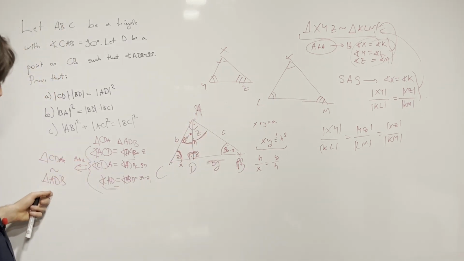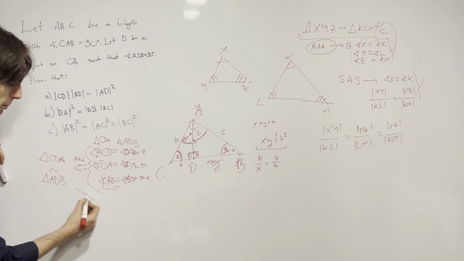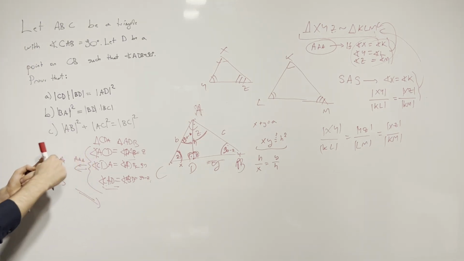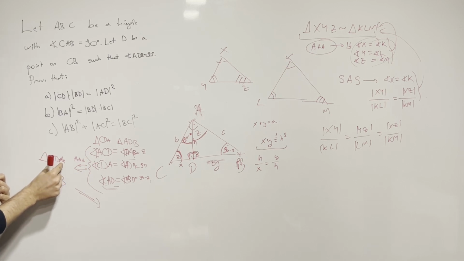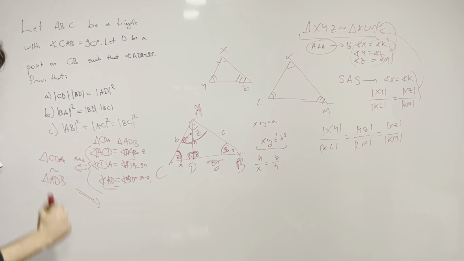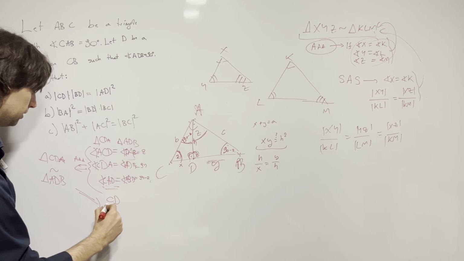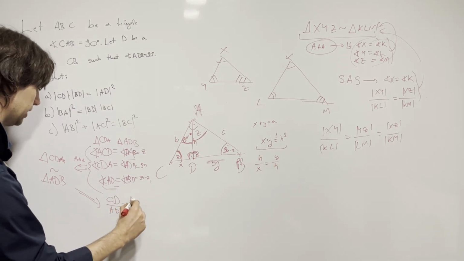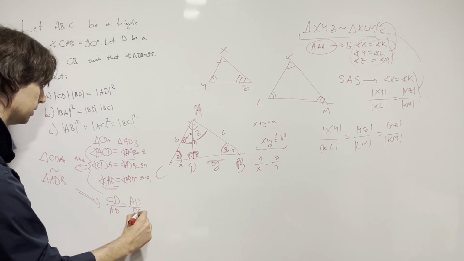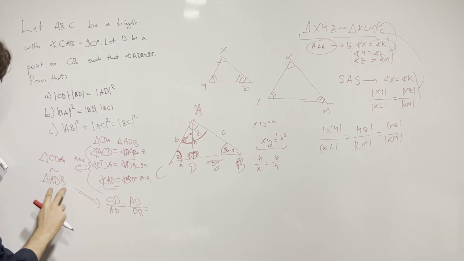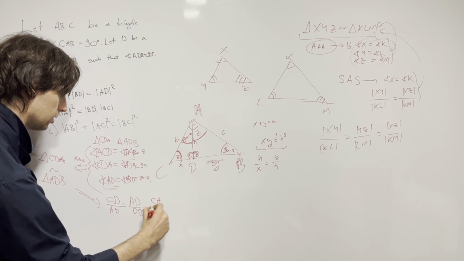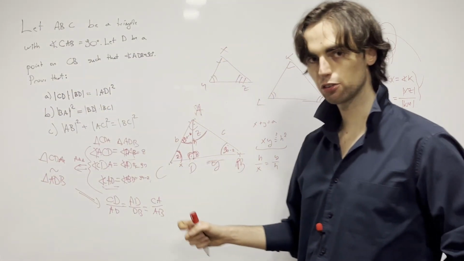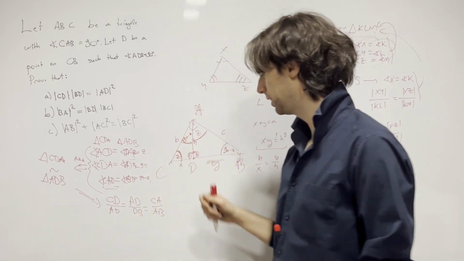But now what do we have from the similarity? When you write these letters in the correct order, it's much easier to figure out what you have. And what you have is that CD over AD is equal to AD over DB is equal to CA over AB. And now let's call these what they are here.